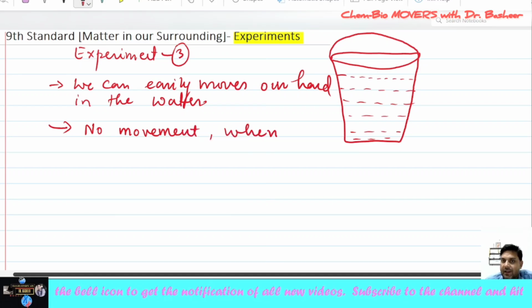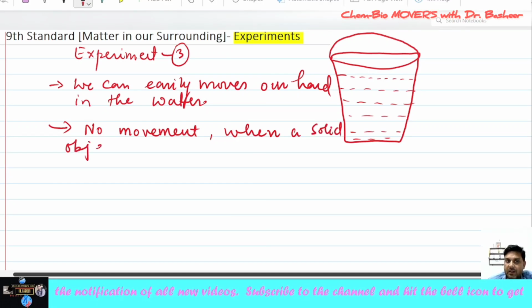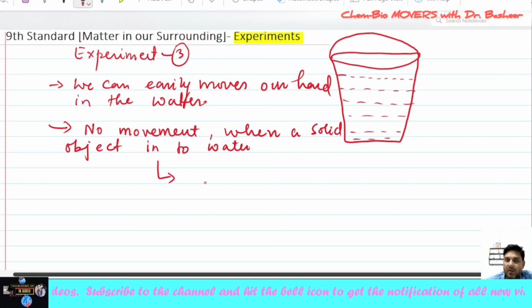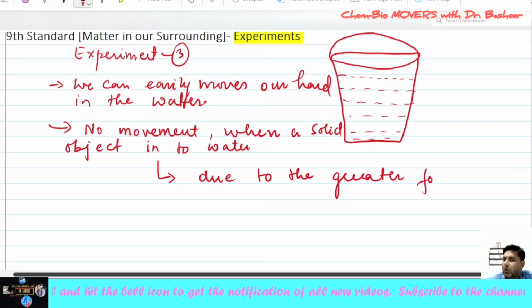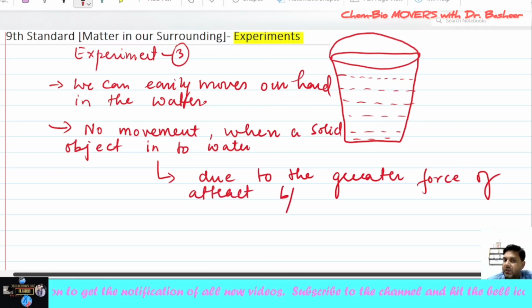There is no movement when a solid object is put into the water, due to the greater force of attraction between them. And this is the last and fourth property of matter: they have force of attraction between the particles.